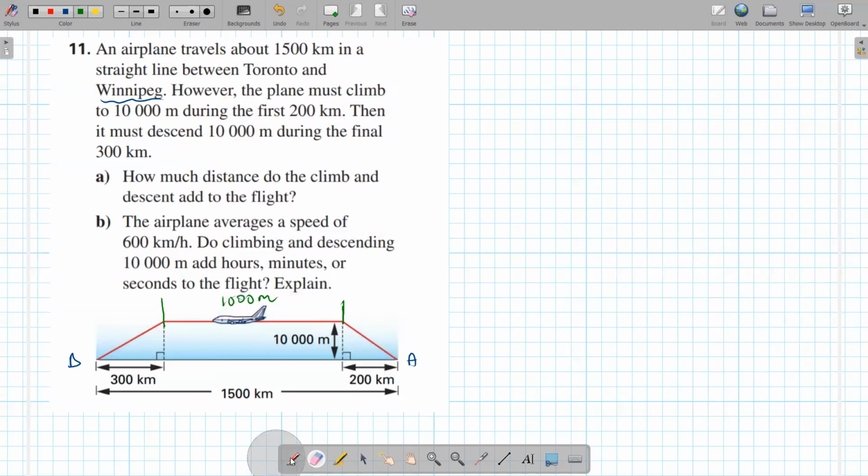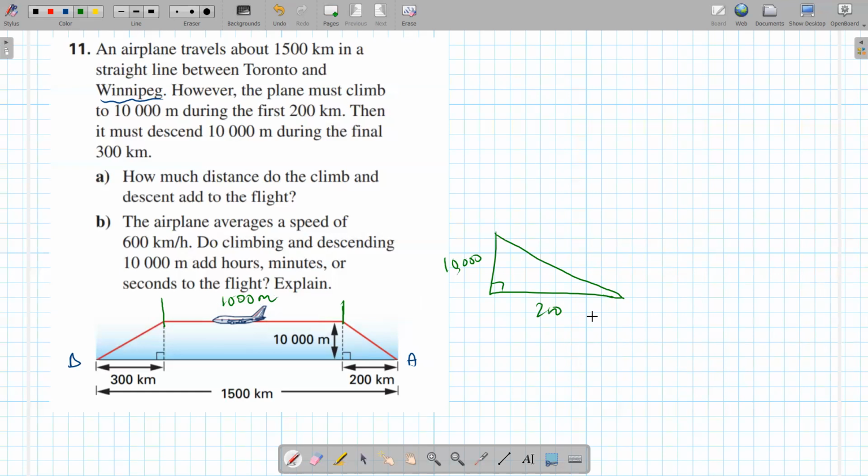So let's look at the right triangle here. The height of that is 10,000. The base of that is 200. What is going to be its hypotenuse? Again, it's a calculator problem. Just plug it in. We're looking for side C, right?